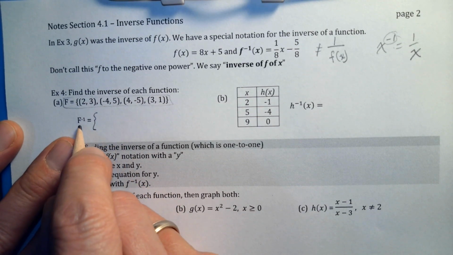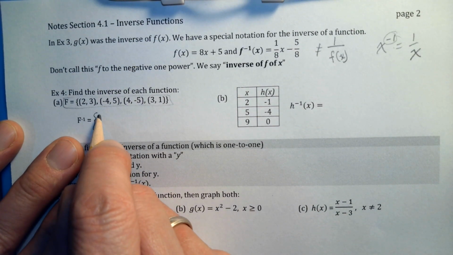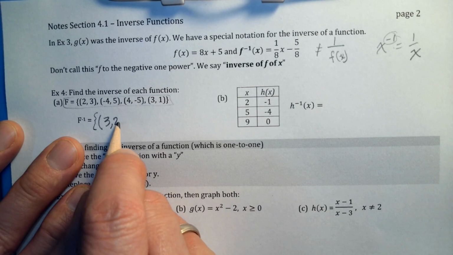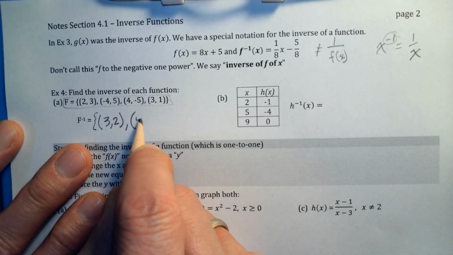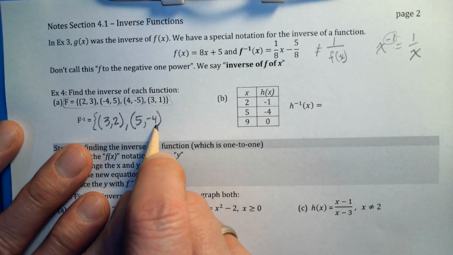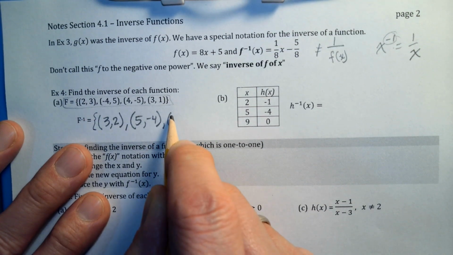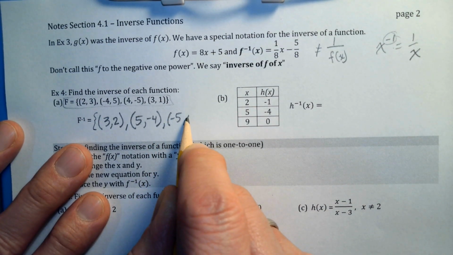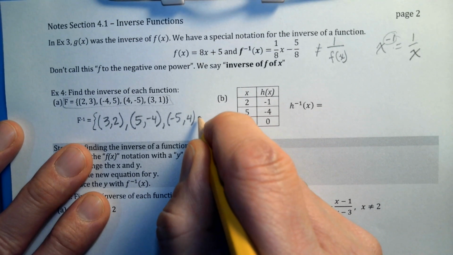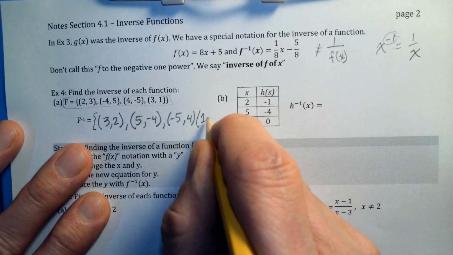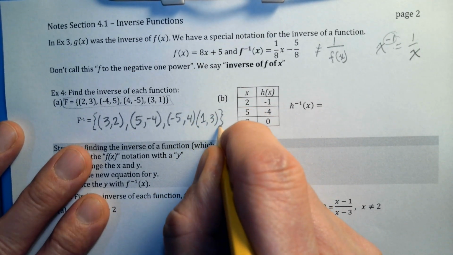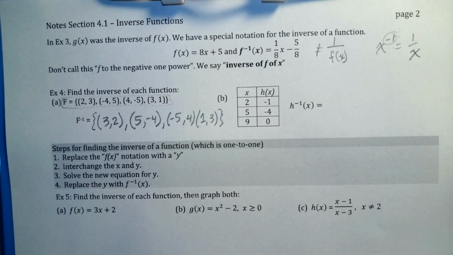So the inverse of f of x is simply going to be 3, 2; 5, negative 4; negative 5, 4; and lastly, 1, 3. So we're simply replacing the x's with the y's and the y's with the x's.